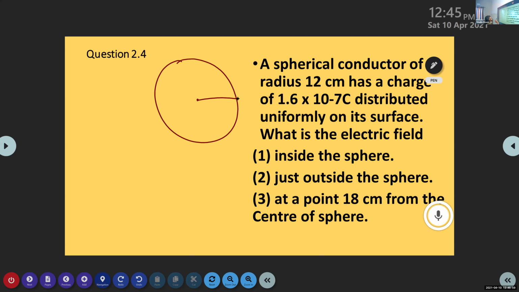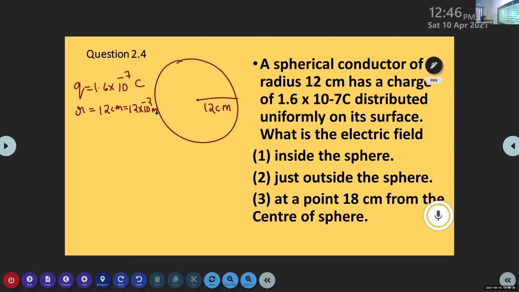The radius is given as 12 centimeter. The charge is given as Q is equal to 1.6 into 10 raised to negative 7 coulomb, and the radius R is 12 centimeter, that is equal to 12 into 10 raised to minus 2 meter.